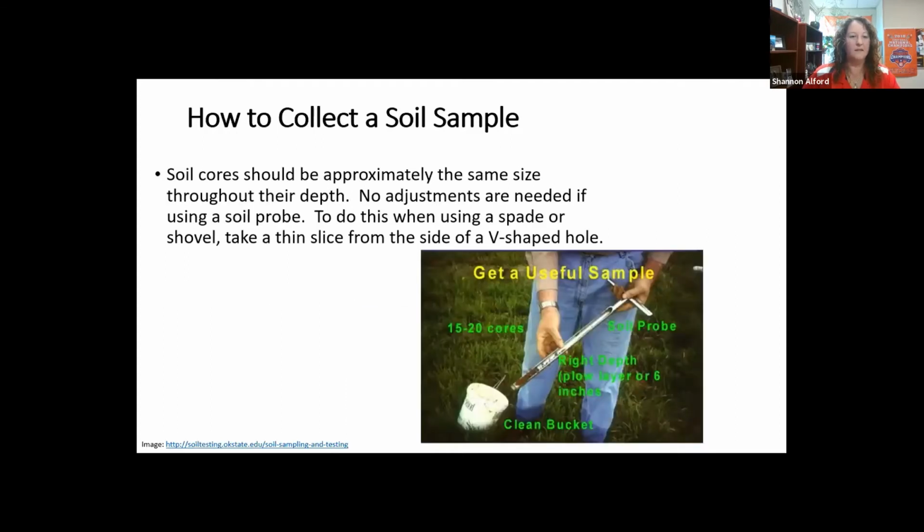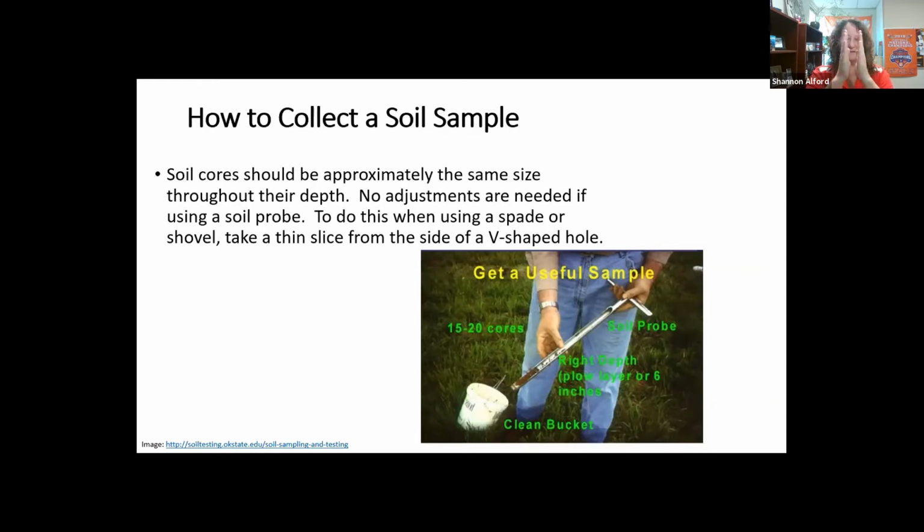All right, and the thing about a soil core, which I don't have one here, normally I show one, maybe Kerrie has one: those need to be about the same size throughout the depth. Just imagine you're digging a hole, so I'm going to do my little visual aid here. If you take a V shape out, then whatever was at the top is going to be over-exaggerated in your sample versus what was down at the bottom.